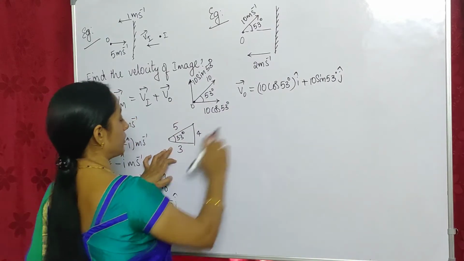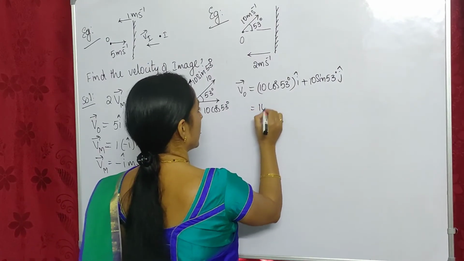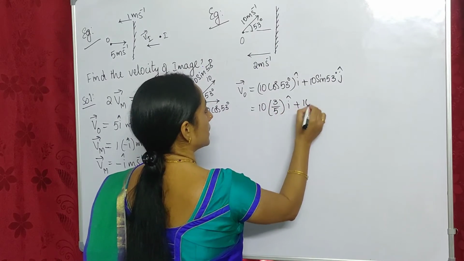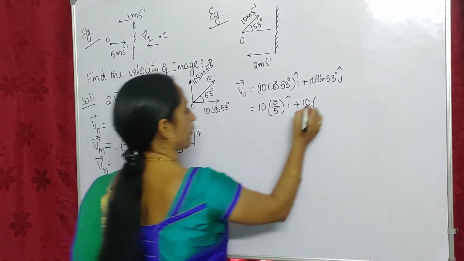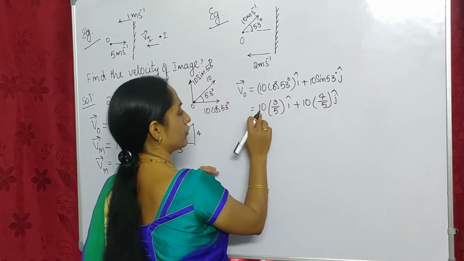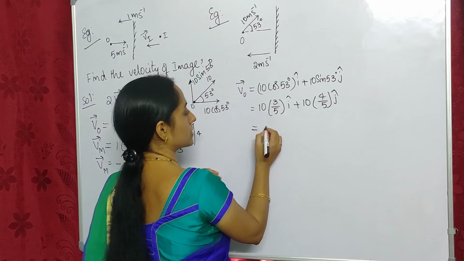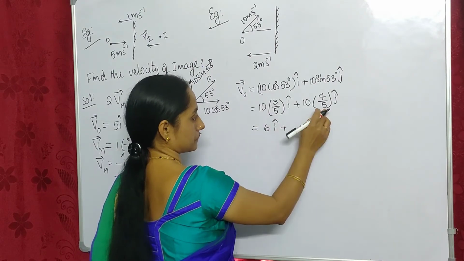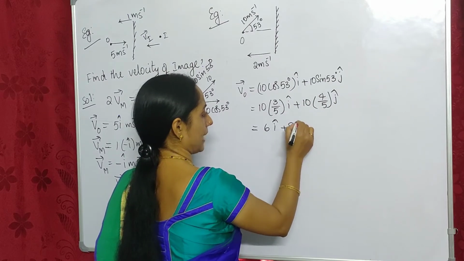Now what is cos 53? 3 by 5. So 10 into 3 by 5 i cap plus 10 into sin 53, which is 4 by 5 j cap. So 5 twos are 10, 2 threes are 6 i cap plus 5 twos, 2 fours are 8 j cap.